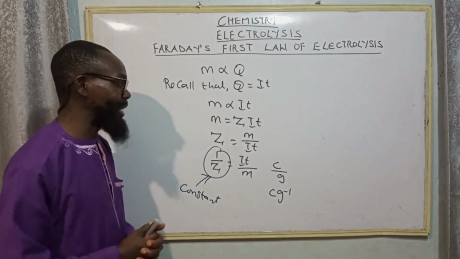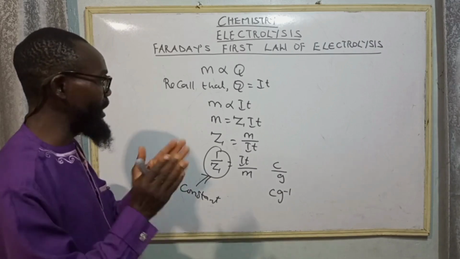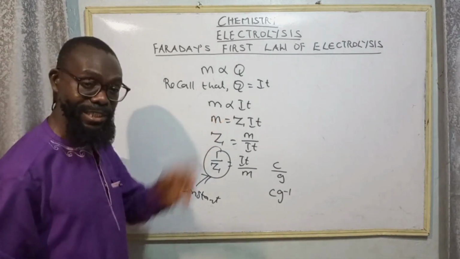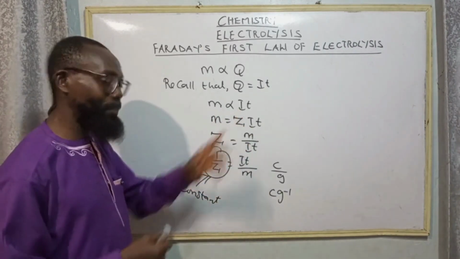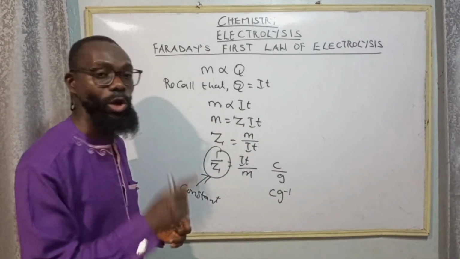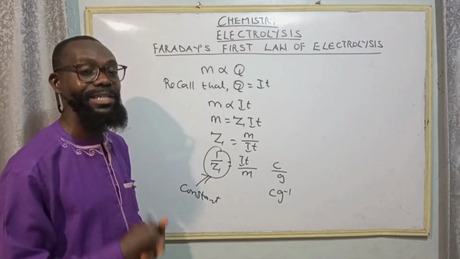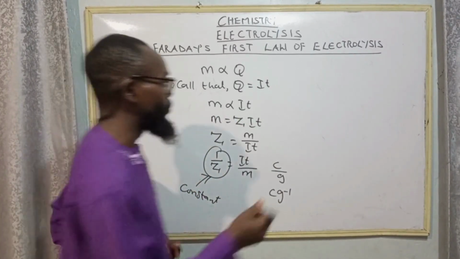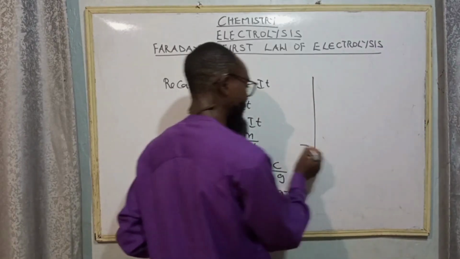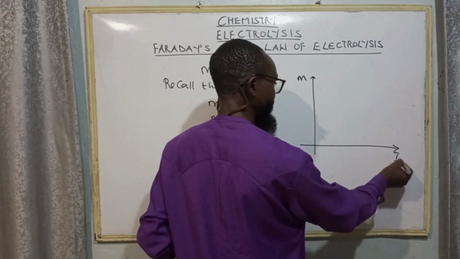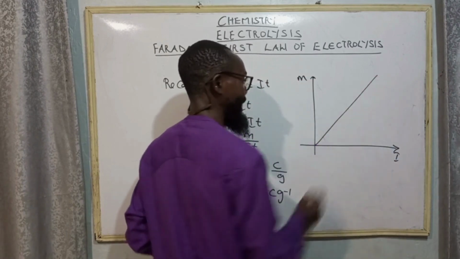Now, from the interpretation, when the mass of the element deposited is increasing, the current passing through the electrolyte will also be increasing. Meaning, the higher the current, the higher the mass of the element deposited. From here, we plot a graph of mass against current. It must give us a straight line.